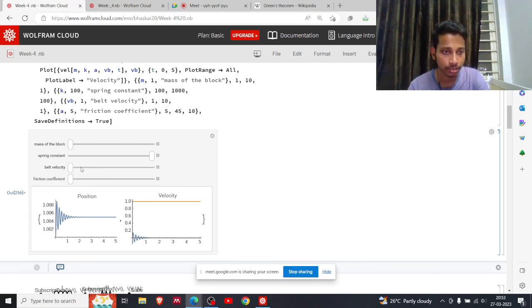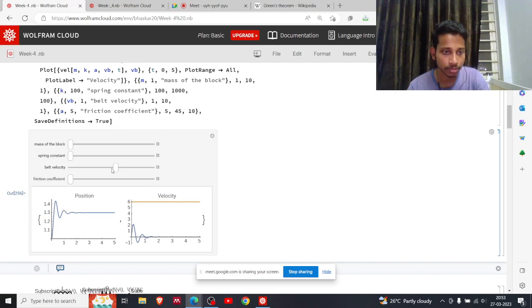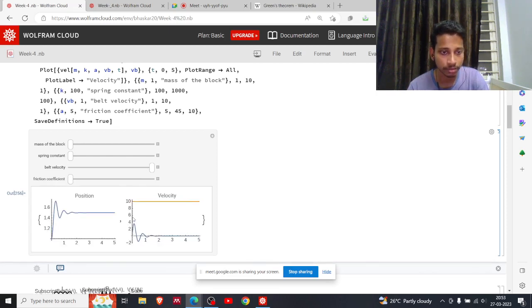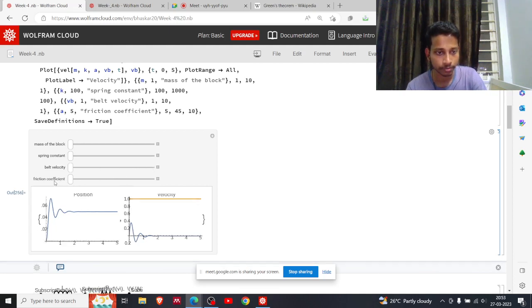Then increasing the belt velocity is actually increasing the velocity. So this yellow line goes up to 10, and this one increases to 4. When the belt velocity is 1, this particular thing is going up to only 0.4.